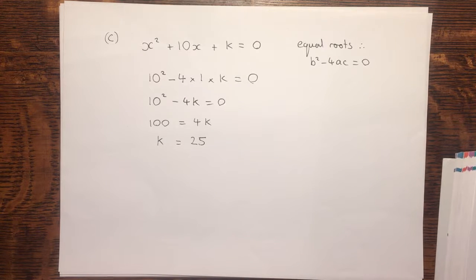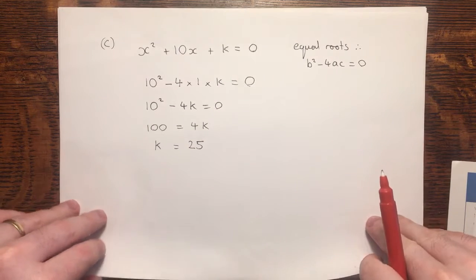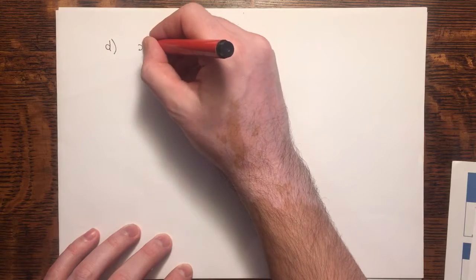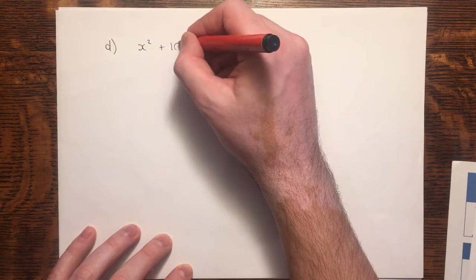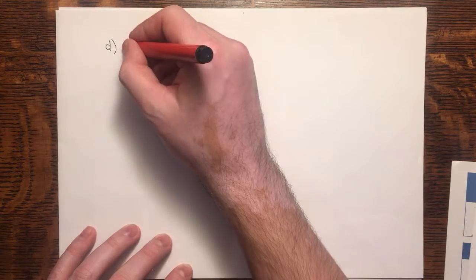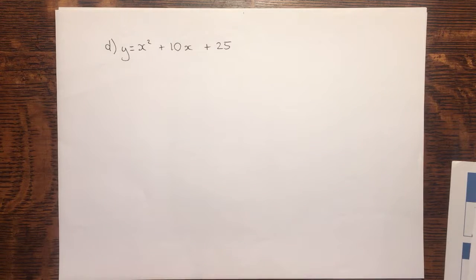In part D, it says, for this value of k, sketch the graph of y equals x squared plus 10x plus k, showing the coordinates of any point at which the graph meets the coordinate axes. So, let's start with the equation. x squared plus 10x plus 25, and that's our, well, it will be when it's equal to y, that's our equation.